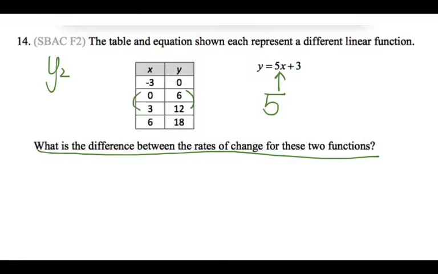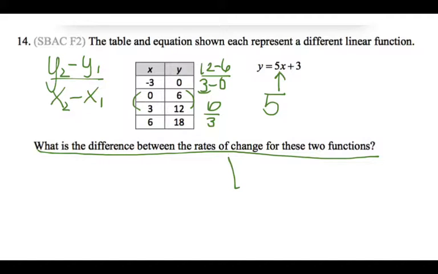This is where you say second y minus first y over second x minus first x. So I'm going to say 12 minus 6 over 3 minus 0. That gets me 6 over 3, which is 2.